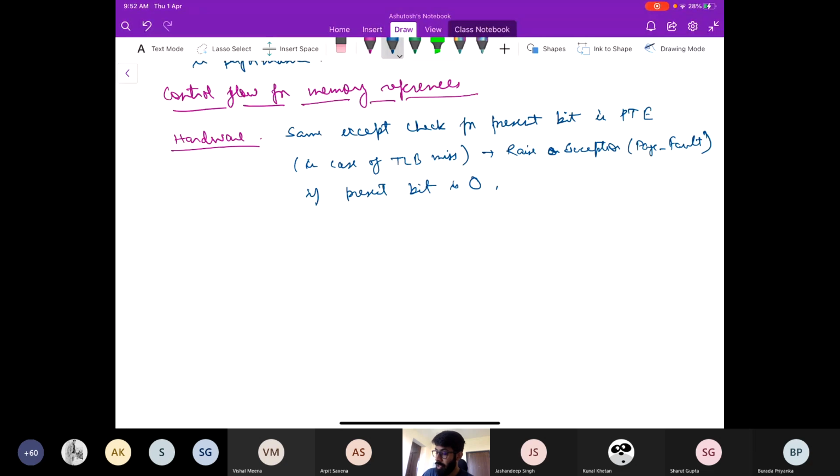Okay. Now what does the software do? Now the exception has been raised, so software needs to do something. So the page fault handler does the following.